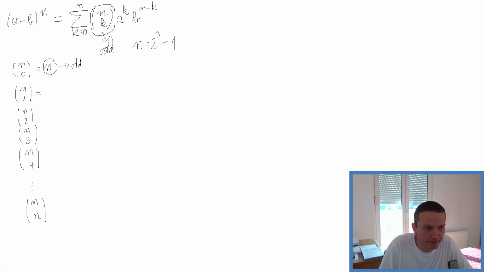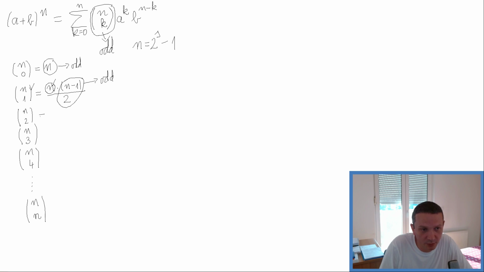Then n over 1 is n. As n is odd, it is not divisible by 2, but the whole coefficient should be odd, so n minus 1 over 2 should also be odd. And we can go on.